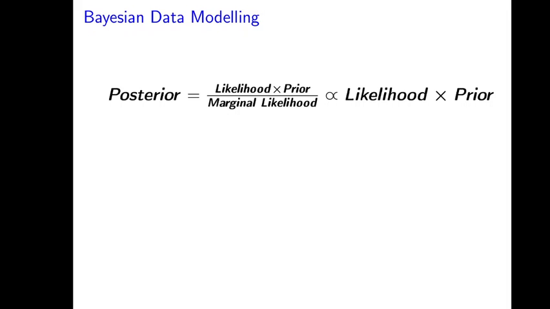Therefore, we ignore this term in our equation, and because of this, we define the posterior as it is proportional to the multiplication of likelihood probability and the prior probability. And this proportional relationship is very important, and I will explain why in a while.